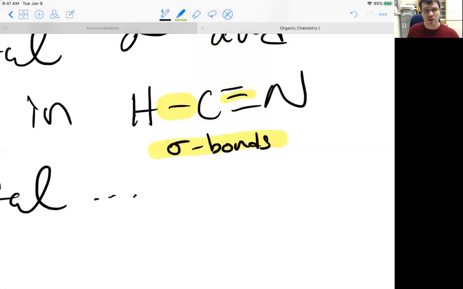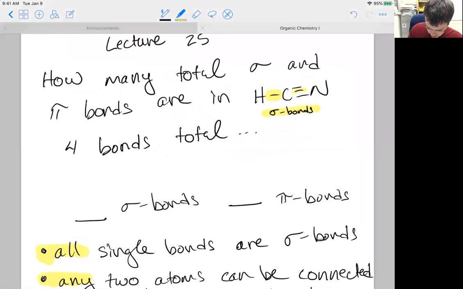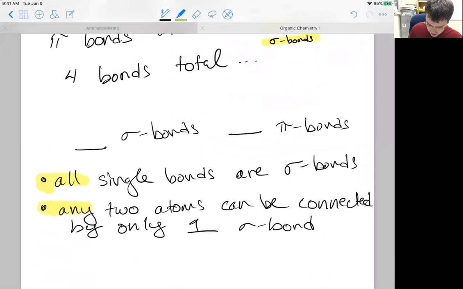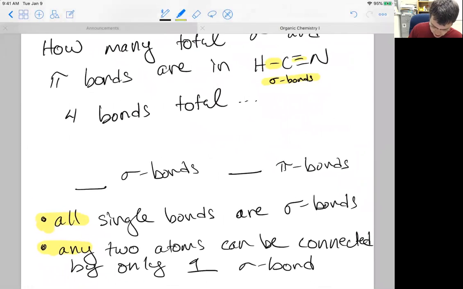And it could have been any one of the 3 bonds between the carbon and the nitrogen. I'm just showing you the middle one. So with that in mind, we only have 2 sigma bonds: a sigma bond between hydrogen and carbon, and a sigma bond between carbon and nitrogen. You can only ever connect 2 atoms together by 1 sigma bond.